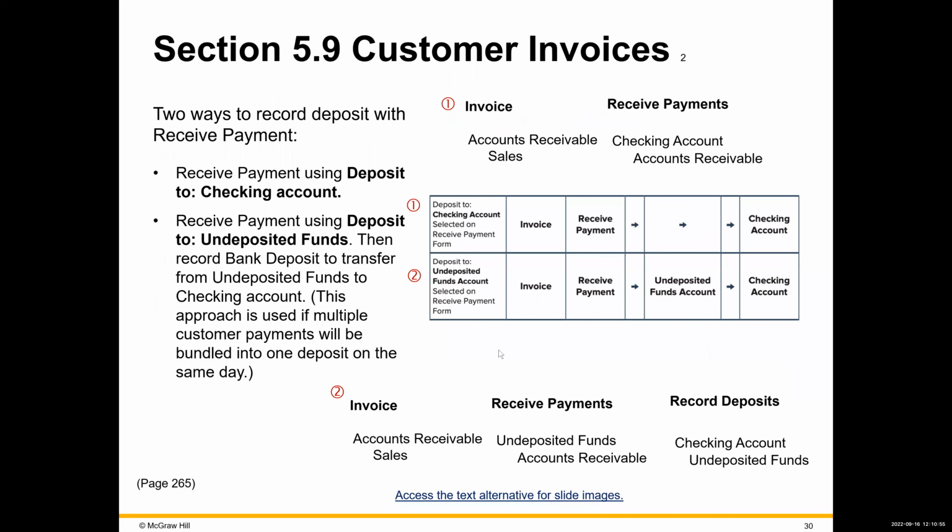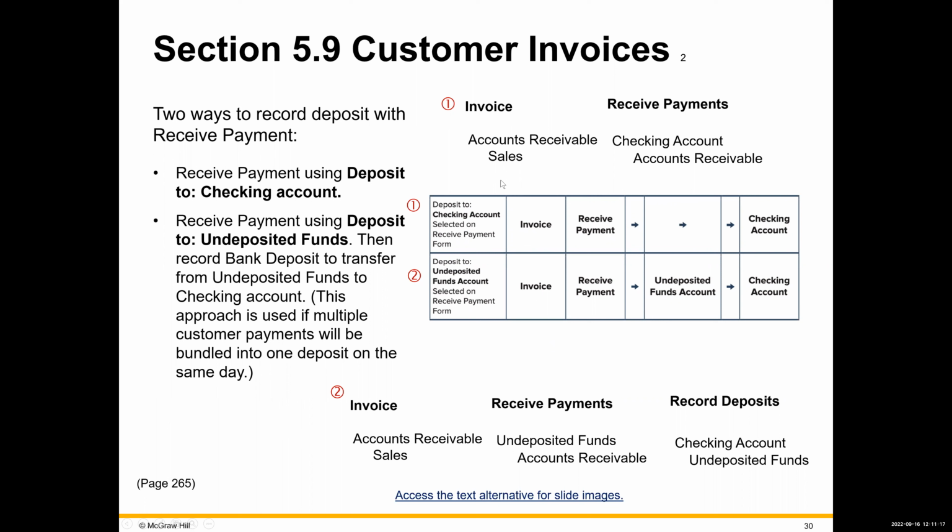So this is the same idea I was telling you before. There are two ways of recording the receipt of payment, right? So let's look at the flow here. No matter what, let's do number one. What you're going to do is invoice your customer.